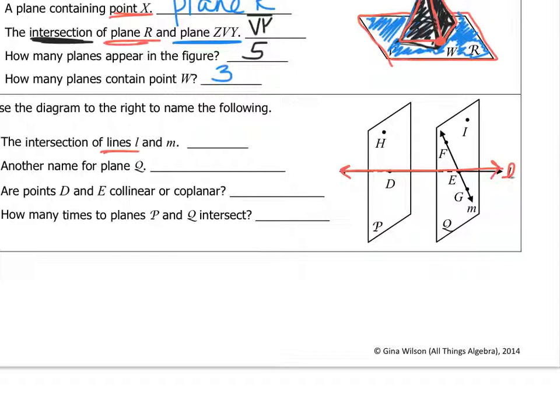This is line L. And line M is located right here. So when I'm looking for the intersection of those lines, the intersection of the lines take place at what looks like point E.